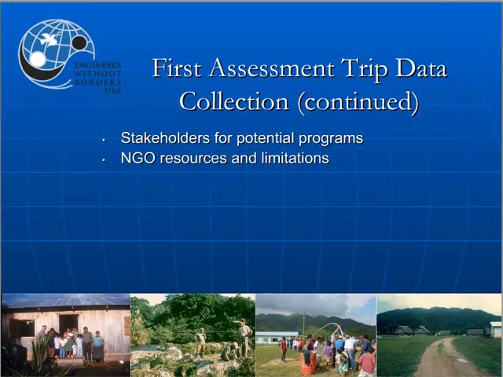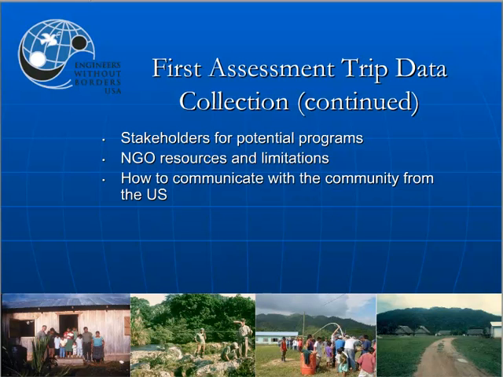And so you want to have some really clear and frank discussions with your NGO. What do they expect out of this relationship? What can they provide towards the success of this program?